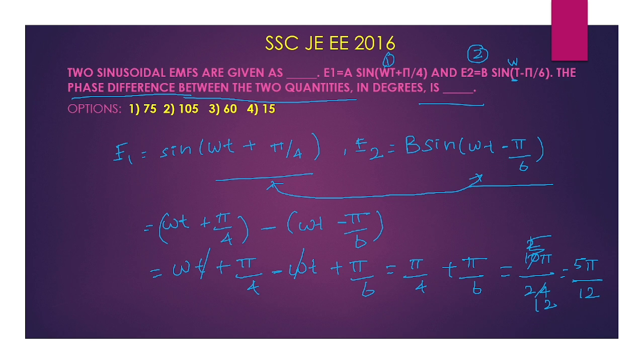To convert 5 pi by 12 into degrees, we just substitute the value of pi as 180 degrees. So it equals 5 into 180 by 12. 6 twos are 12, 6 threes are 18, so this gives 15, and 15 into 5 is equal to 75.